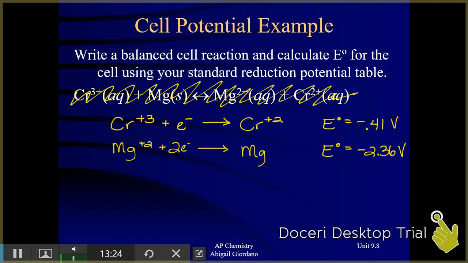And then we're going to add these two potentials together. I know that the magnesium one is the one I have to flip because this will then become a positive 2.36. And when I add these two numbers together, that's going to give me a positive total. If you made a mistake and flipped the chromium reaction around, that potential becomes positive 0.41, but when I add it to negative 2.36, that would give me a negative potential, and that's not what happens in a galvanic cell.